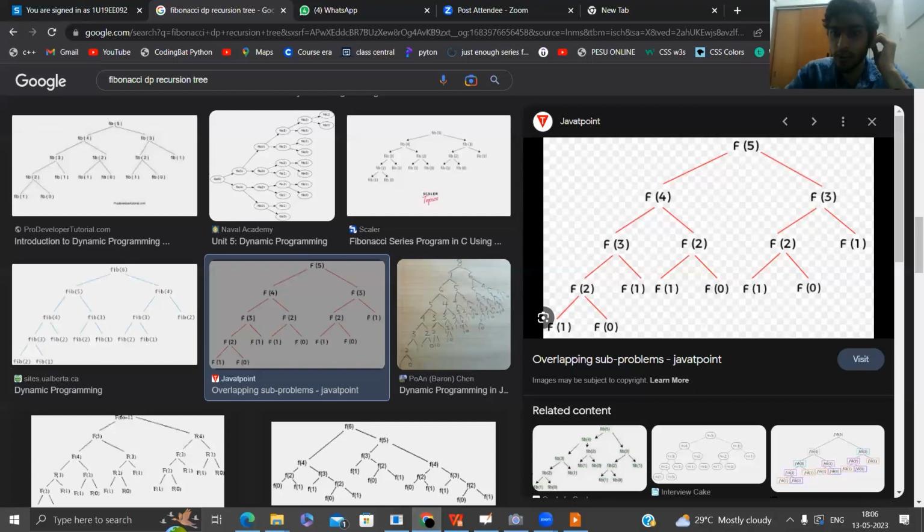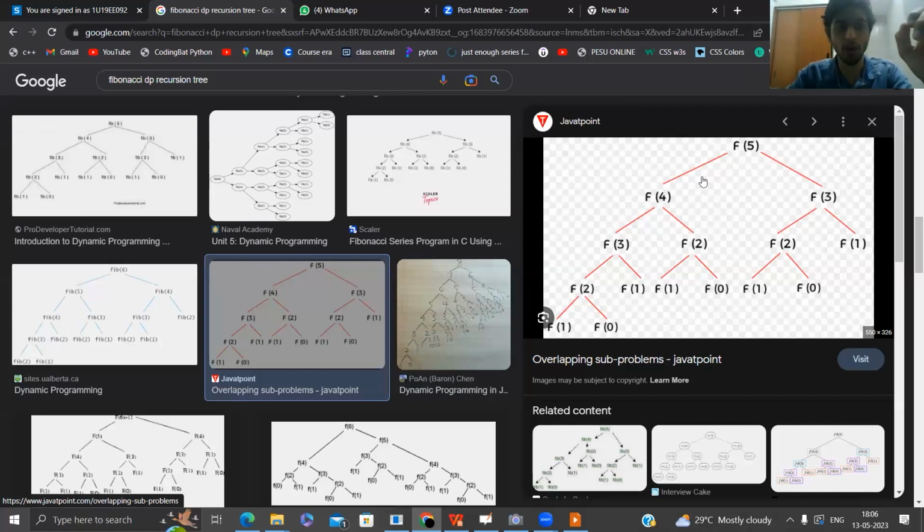Using memoization, you save this particular call. You are not making a call to this function, and you're not making a call to this function as well, because Fibonacci of 3 is already calculated. So this is not a two-branched call now, right?